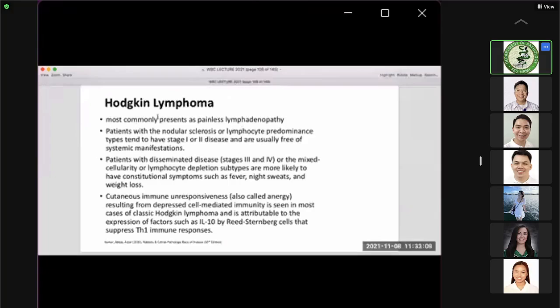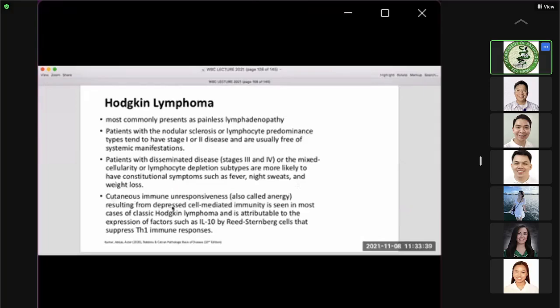So generally, Hodgkin's lymphoma most commonly presents as painless lymphadenopathy. Patients with nodular sclerosis or lymphocyte predominance types tend to have stage 1 or 2 disease free of systemic manifestation. Patients with disseminated disease in stages 3 and 4, or the mixed cellularity or lymphocyte depletion types, are more likely to have constitutional symptoms as listed here.